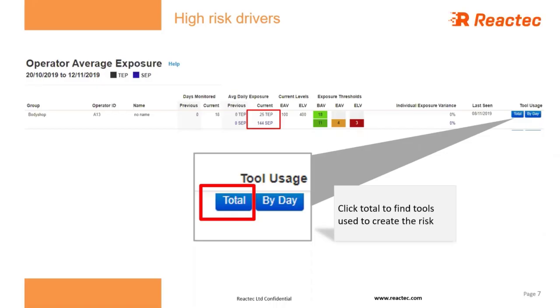And finally, one example of real data from within the Reactec analytics to show you the way in which the difference of an operator's use of a tool can seriously impact the level of exposure that they're being exposed to. So this is an example taken from the use of a palm sander, and it's on a vehicle surface.